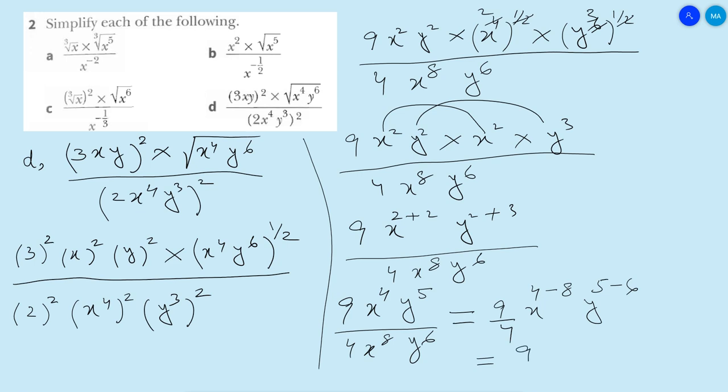So 9 upon 4 x, 4 minus 8 is minus 4, 5 minus 6 is y power minus 1. So the final answer of part D is 9 upon 4 x^-4 y^-1. This is our final answer.